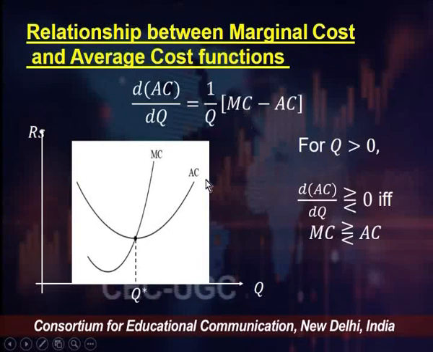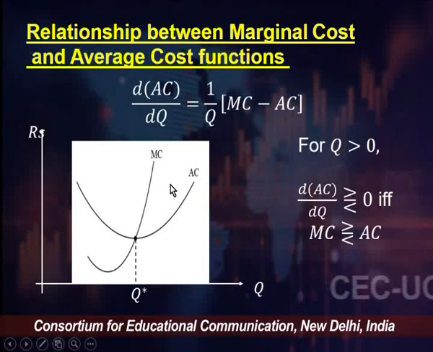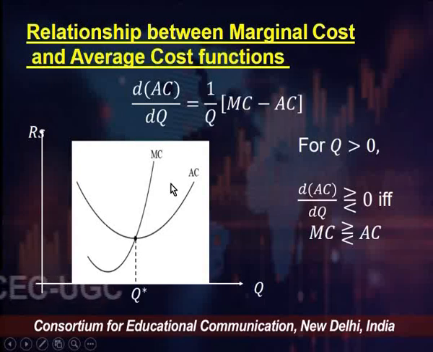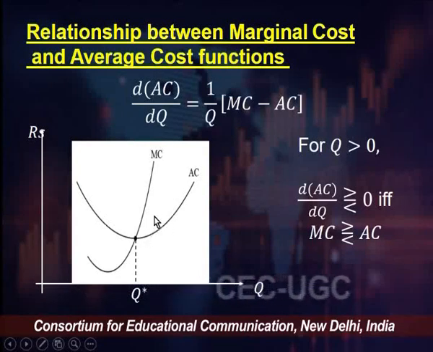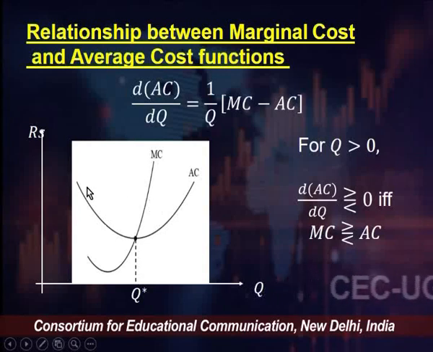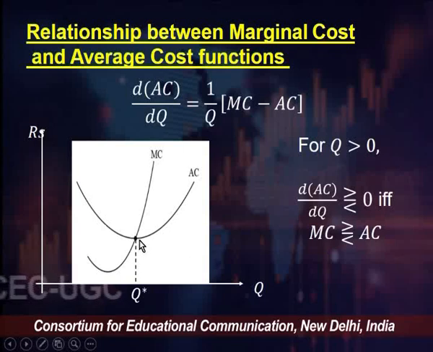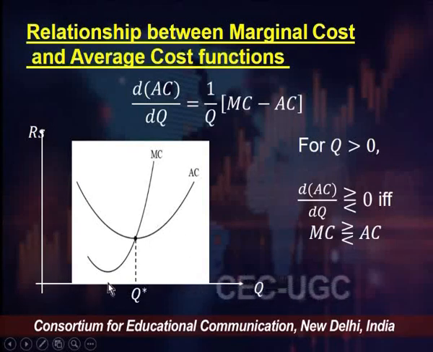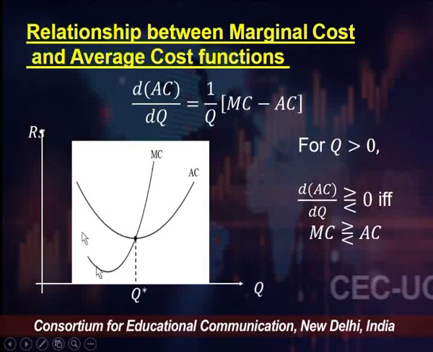Now, let's connect this with the shapes of your average cost and marginal cost functions. Even if you don't know the shapes, just follow what I'm telling you, and these are basically U-shaped functions. So, the average cost curve first declines, it reaches a minimum, and then it increases. Similarly, the marginal cost curve also first goes down, reaches a minimum, and then increases.